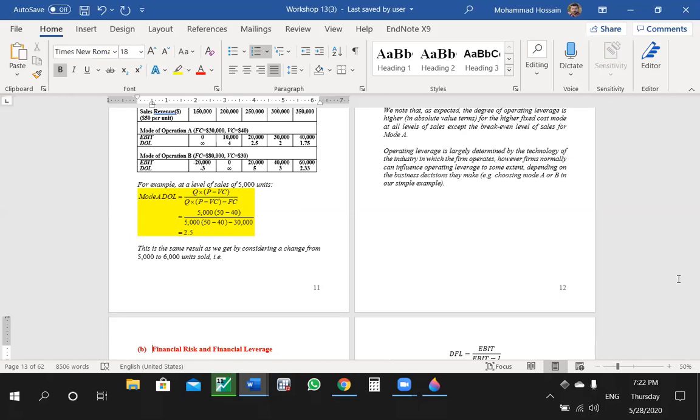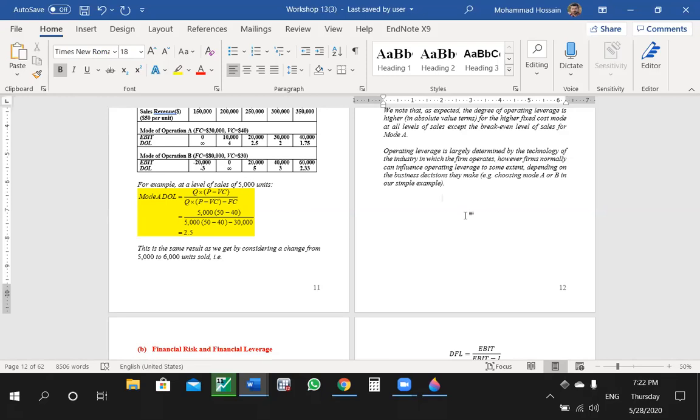What are the financial liabilities? For example, lease payments, interest expenses. These are your tax liabilities.